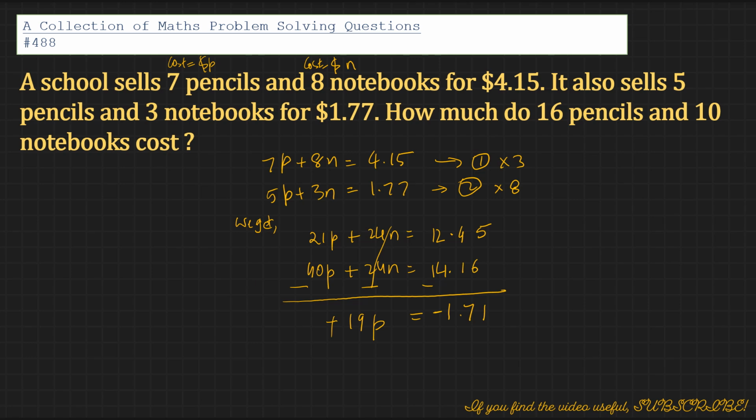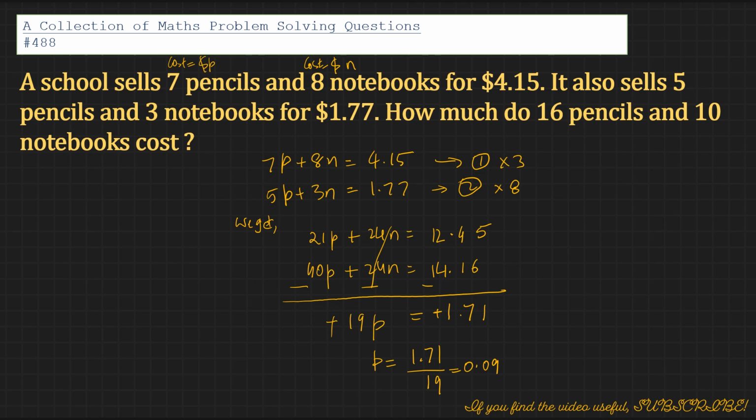So we can cancel out the minus, and we are left with P is 1.71 divided by 19, and we know that 19 times 9 is 171, so this would be 0.09.